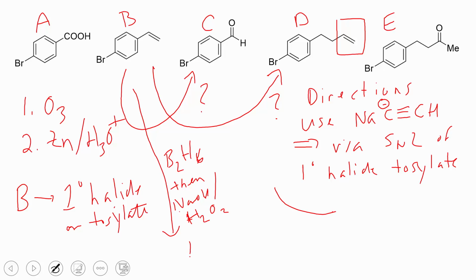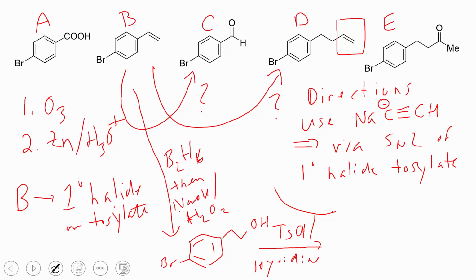Okay, all right. So we're going to do the anti-Markovnikov addition. Okay, we're going to turn this into the tosylate. This is pyridine, sorry. Okay, and this is going to give us the tosylate.